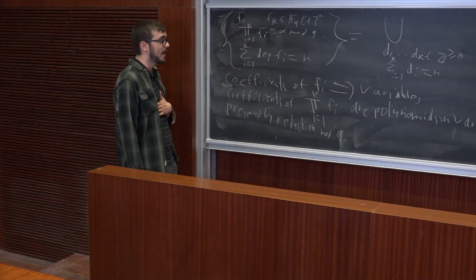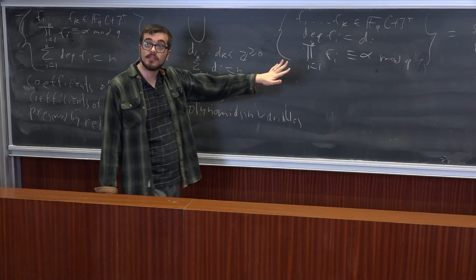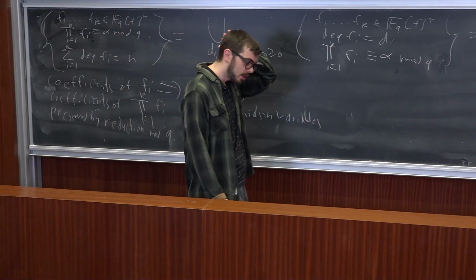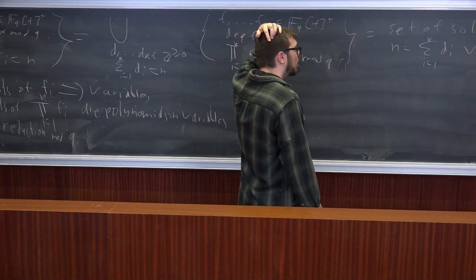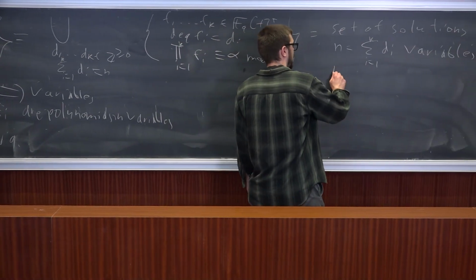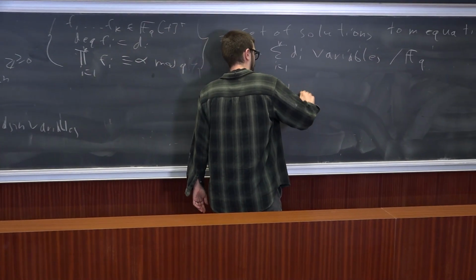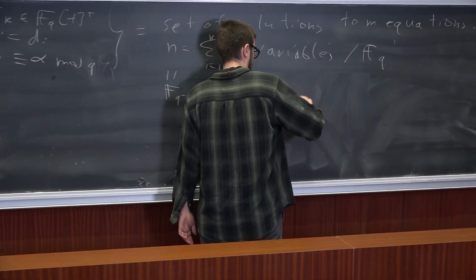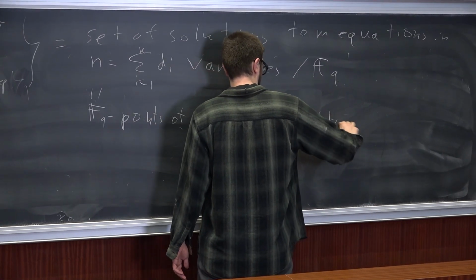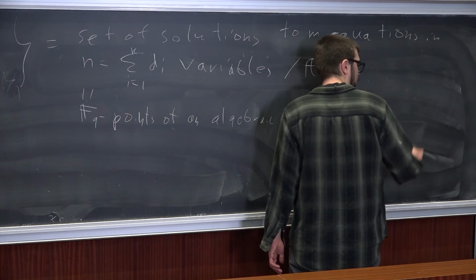So we have m polynomial equations in n variables. And we're taking the union of this set over many tuples d1 through dk. Another way of saying this is the Fq points of an algebraic variety. Although, because it's not obvious that it's irreducible, I should probably say scheme instead.